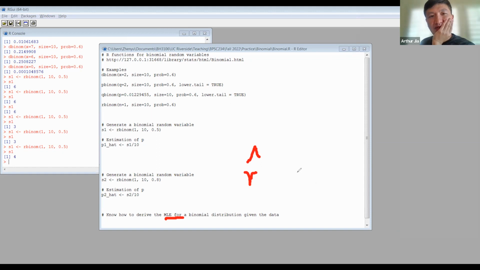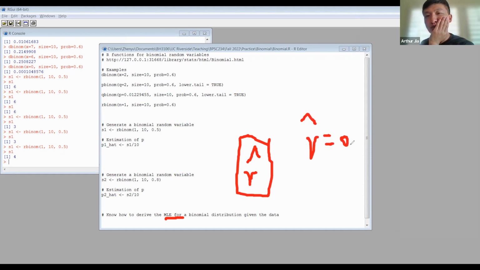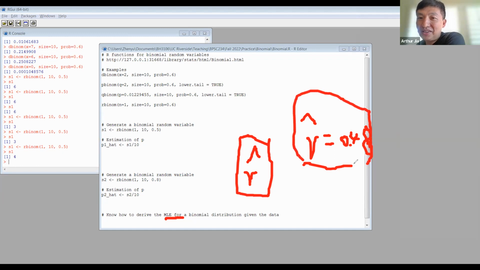Once we have this, suppose based on your data you got an estimate which is very close to 0.5. You want to know whether this evidence is real or fake. So then you do the hypothesis testing. This is what we will learn next time. Once you have the estimation, we need to know if this linkage between A and B is real or not.